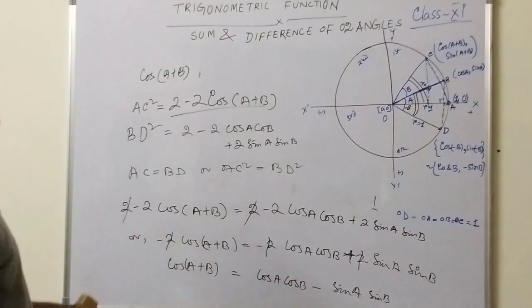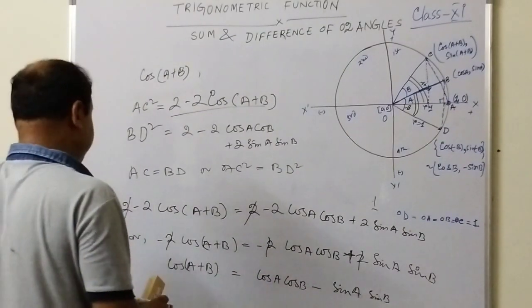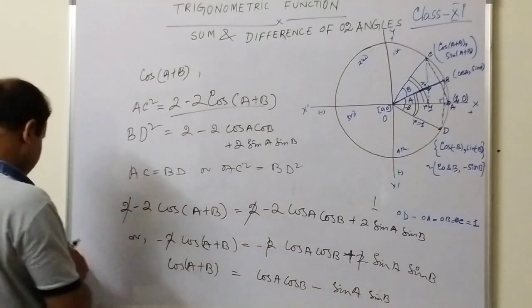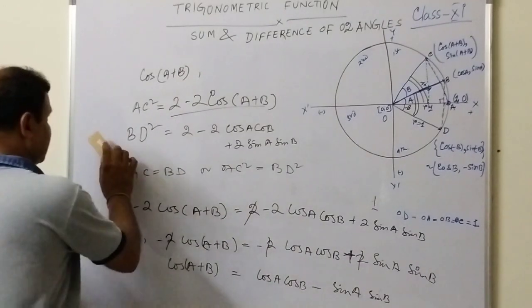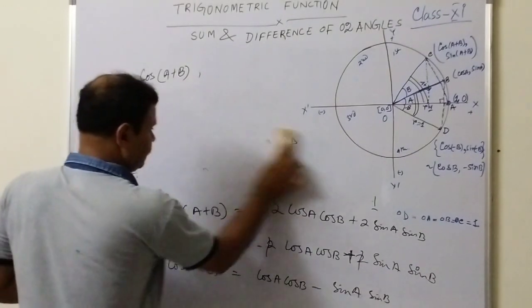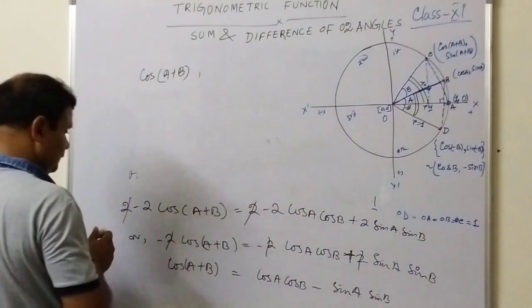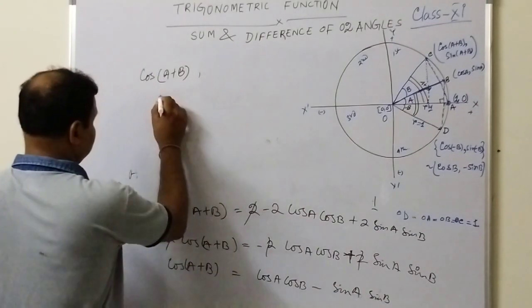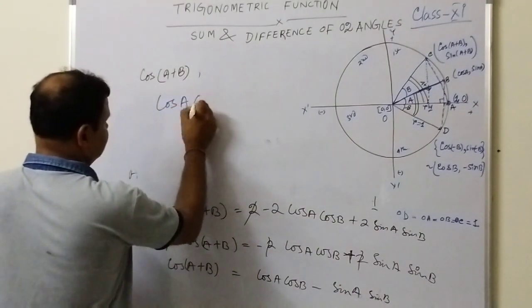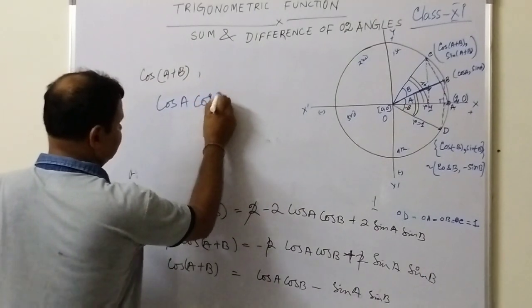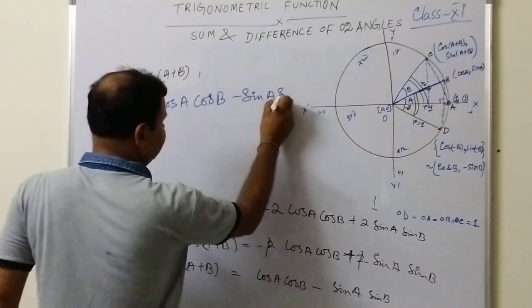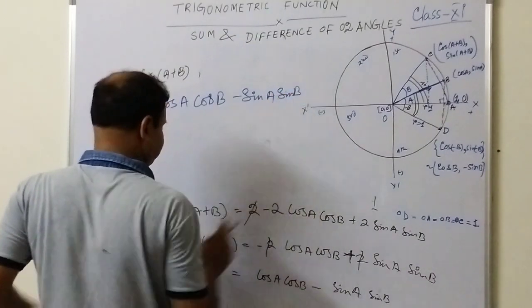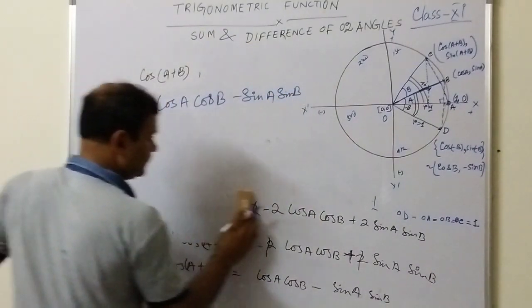So this is the cos trigonometric function of the sum of the angles A plus B. So this is the formula. Cos A plus B equals, let us write now, cos A cos B minus sin A sin B. Correct?